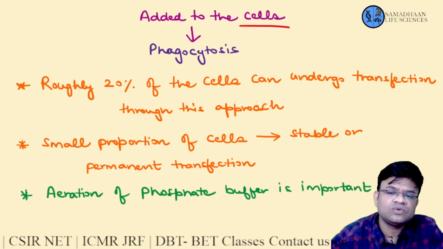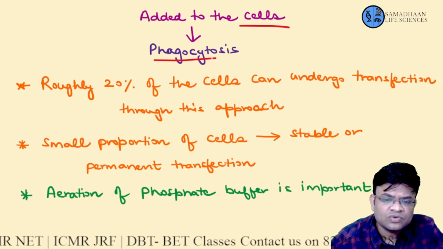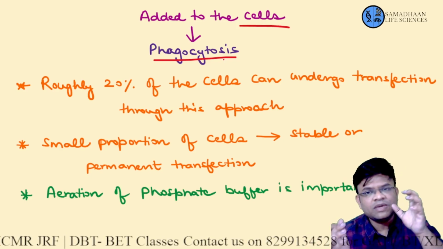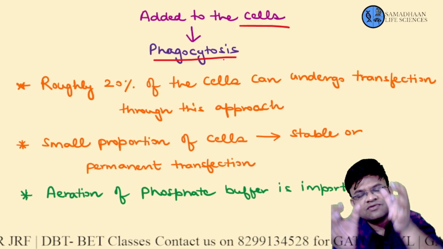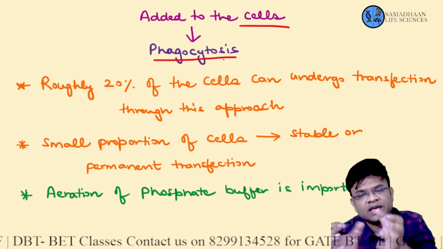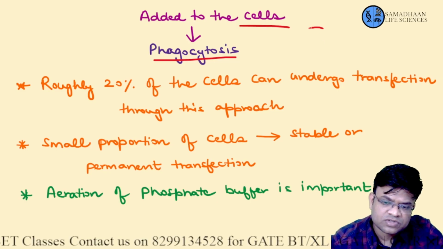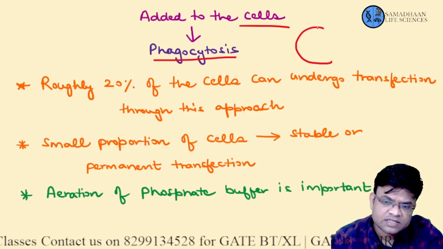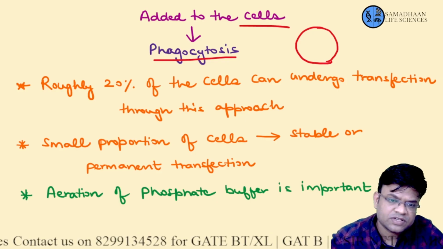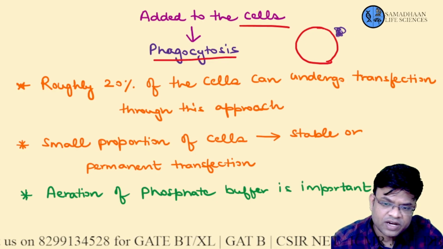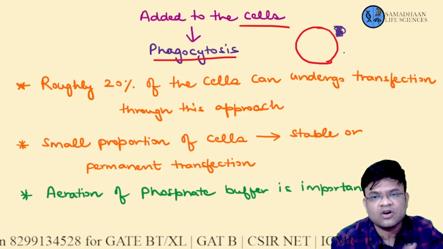What do the cells do? Cells do phagocytosis. What do you mean by phagocytosis? They will be engulfing the calcium phosphate and DNA complex. Something like this would occur. So suppose this is a cell, and let me just show this. Suppose this is the calcium phosphate co-precipitate along with DNA.